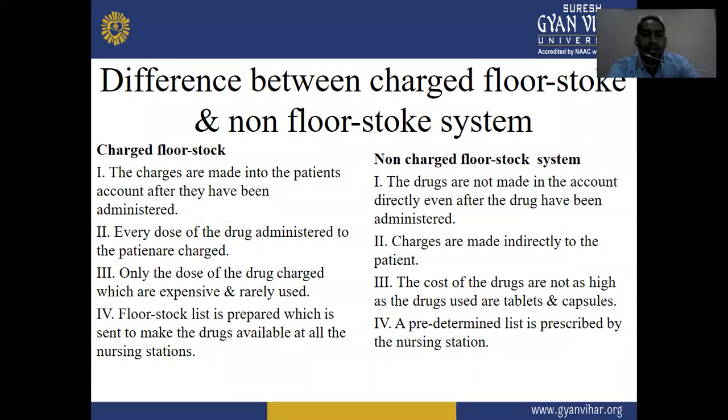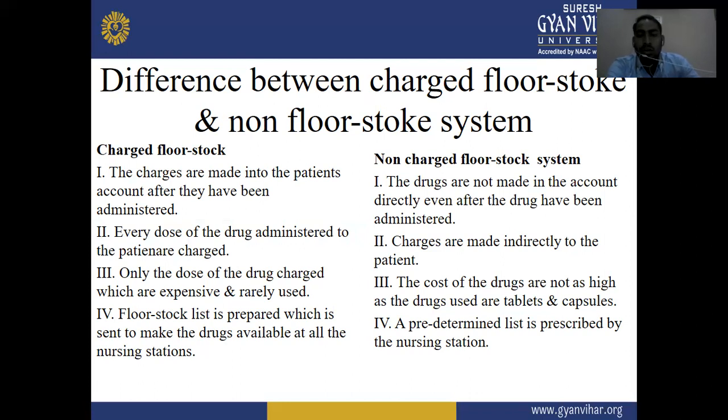Second, every dose of the drug administered to the patient is charged. Only the doses of drugs which are expensive and rarely used are charged in the charged floor stock system. Fifth, a floor stock list is prepared, which aims to make the drugs available at all the nursing stations. These are the charged floor stock.